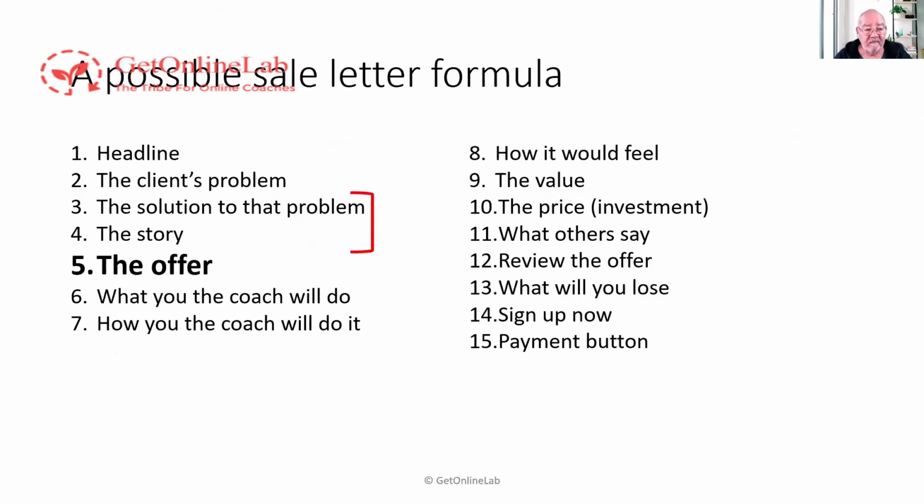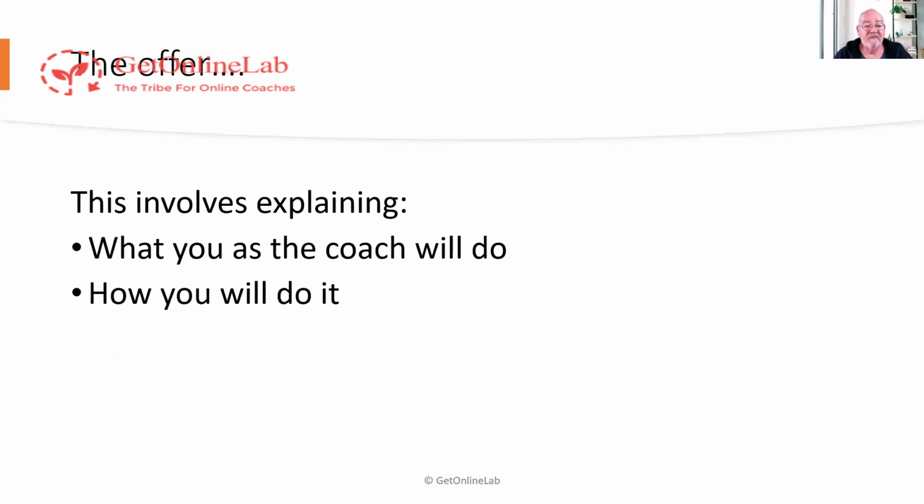So back to our list, we've gone through the headline, the client's problem, the solution to the problem, and the story that's associated with their problem, and the solution that you're offering. And now we look at actually making the offer. So again, we're trying to incorporate some flow here. At the offer stage, this involves explaining the what, where you start to get into the detail.